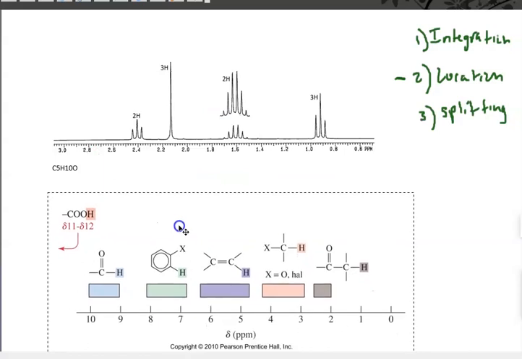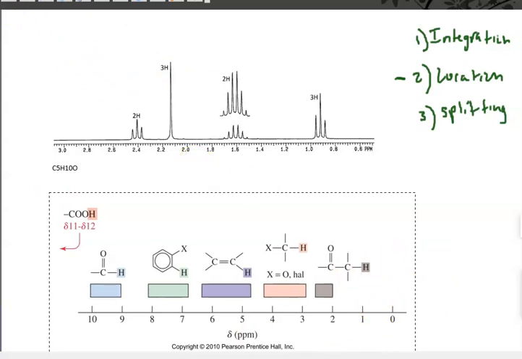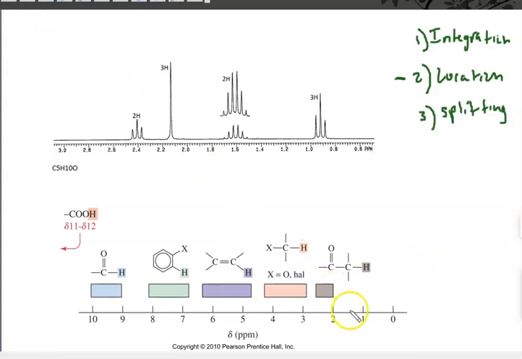Look at that. You're welcome. All right, and right here, I'll just draw it here because it's not on here. So remember, roughly around here are the aliphatics. Okay.